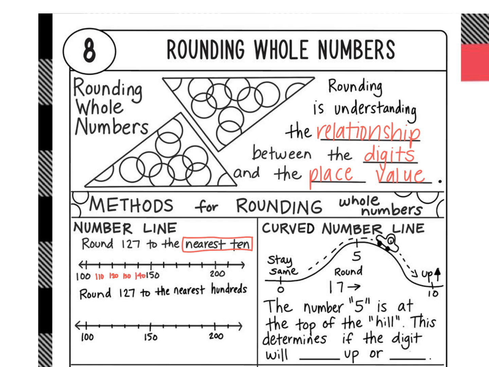Now, 127, if I were to plot a point on this number line, where would 127 go? It would go on 130? No, beside. Beside it to the left or beside it to the right? Left. To the left. So it's going to go about right here.